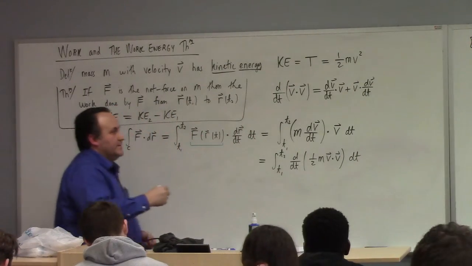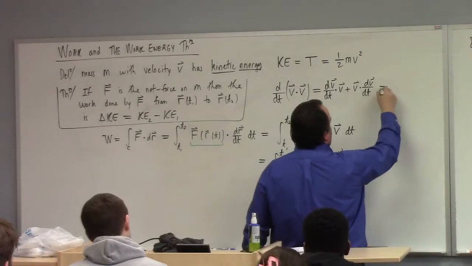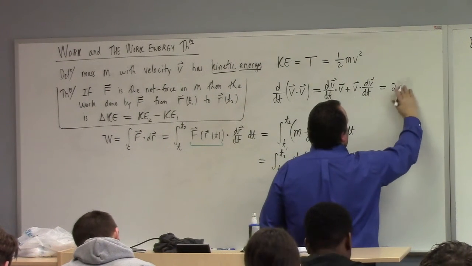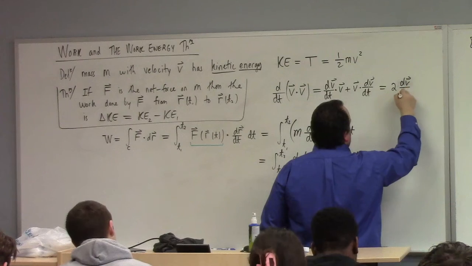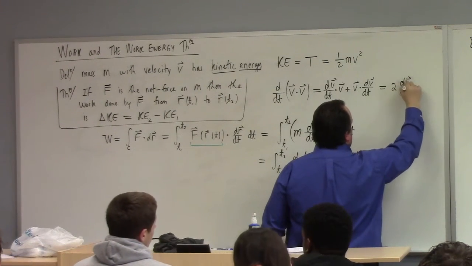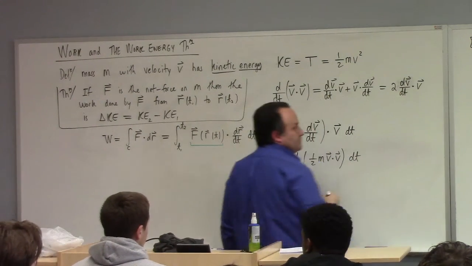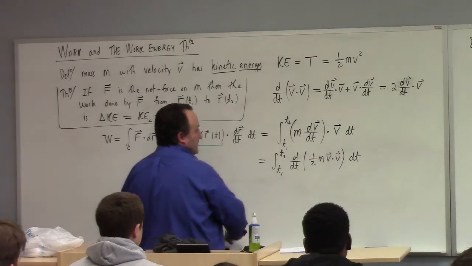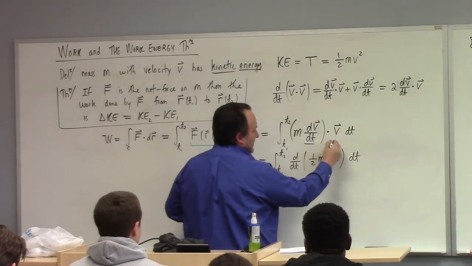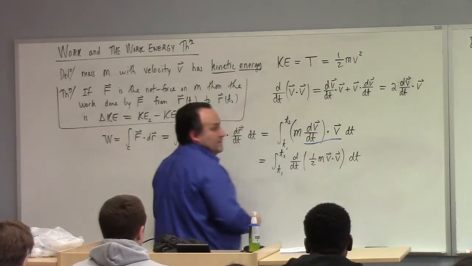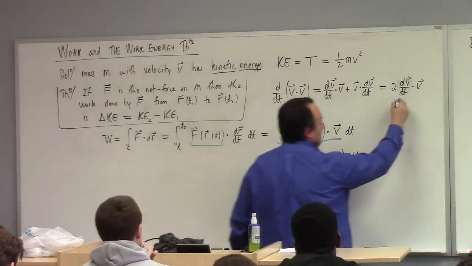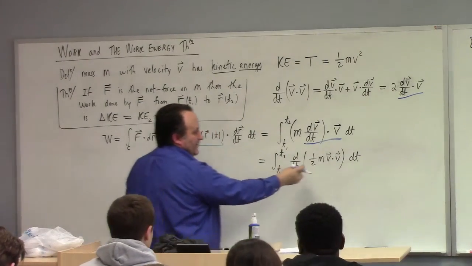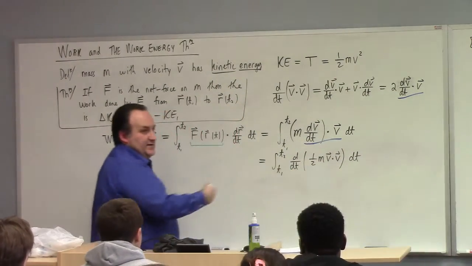See, because up here we have 2 dv/dt dot v. So you see how this goes? This and that together are that. Divide 2 to the other side, I have 1/2 of v dot v. The m just rides along.